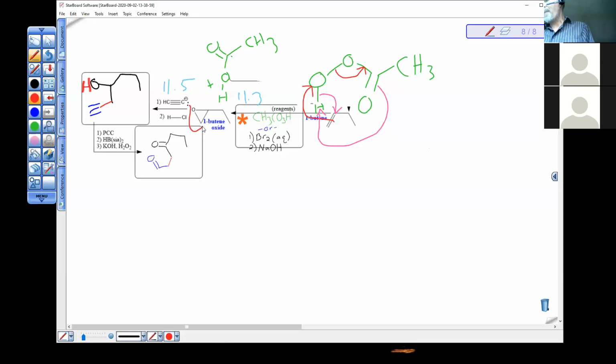And I'll make a comment about combining steps when I'm done here. Some of you want to say, okay, I'm going to put that H on there right now. I'm going to put a lone pair on this O and then use a different color arrow and grab this H. You can't do that. It's inappropriate.